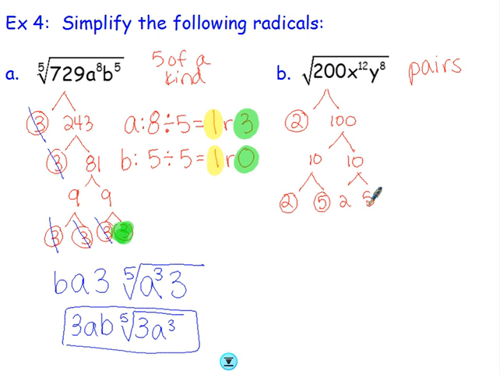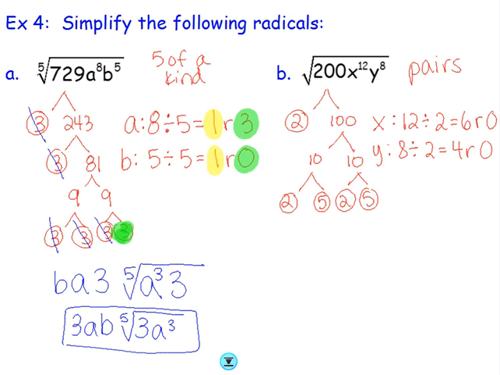The x's, 12 divided by 2 for pairs is 6, remainder 0. The y's, 8 divided by 2 is 4, remainder 0.